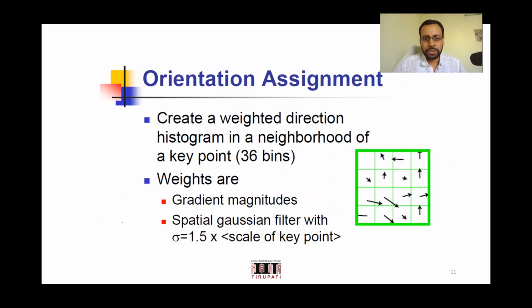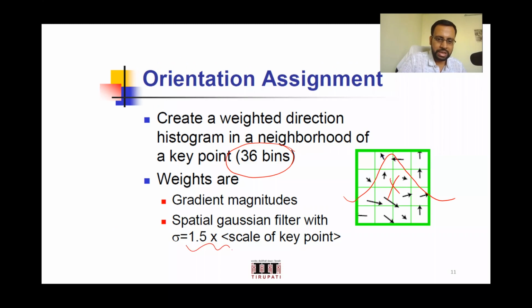Then you have 36 bins used, and on top of it you do a spatial filtering, because your central pixel is somewhere in the middle, and to the orientations coming from the central pixel you want to give more weight.